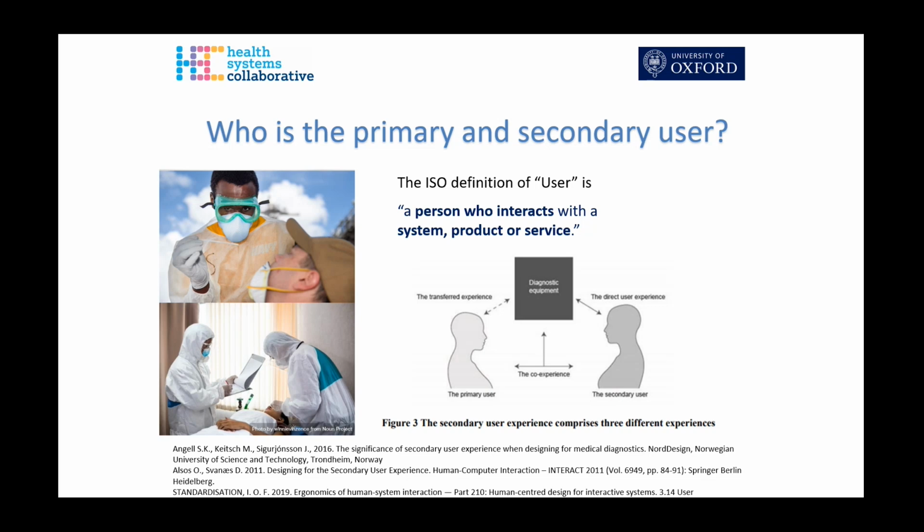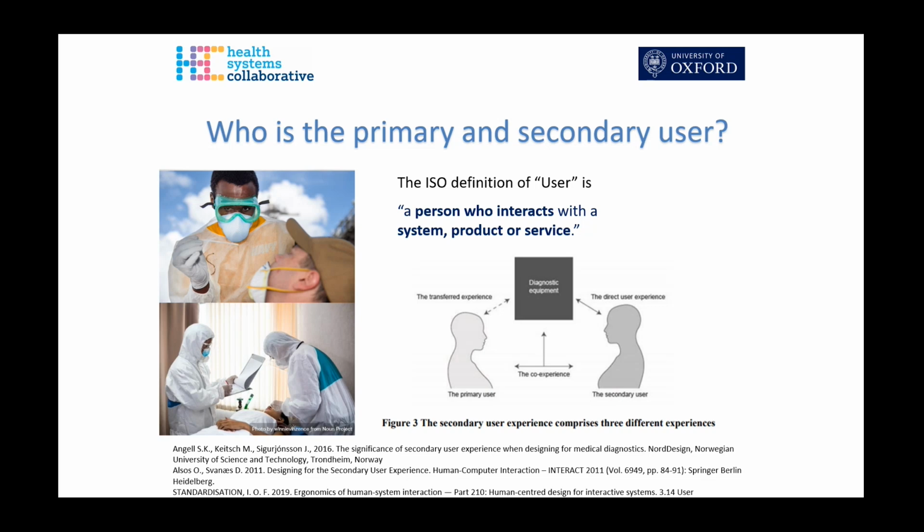So the roles can also change if we were to ask who is the primary user in that context for the health services. The primary user, for example, for an electronic device to collect data might be the physician, and the secondary user is the patient.